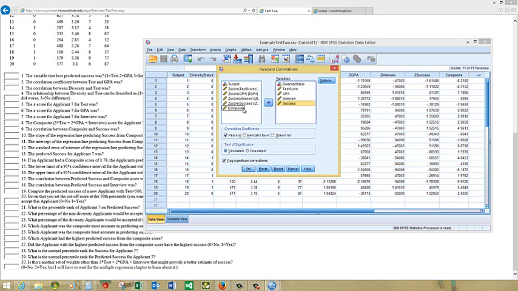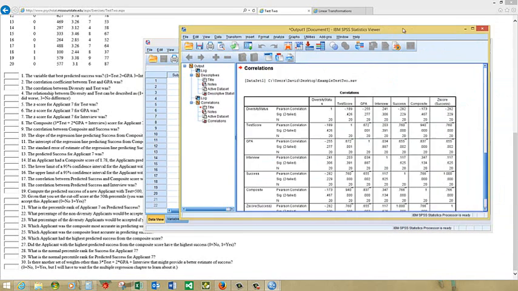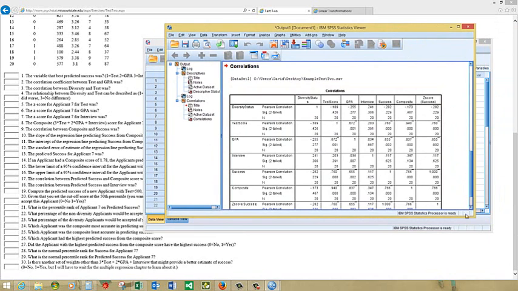We'll throw in the composite. We'll just throw in z-score for z-score success, just for the heck of it. Pearson looks good. We'll just take all the standard options to defaults, and voila, our correlation matrix.